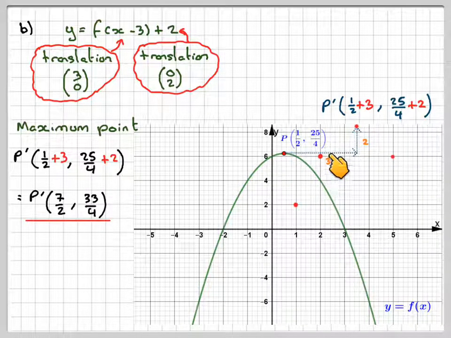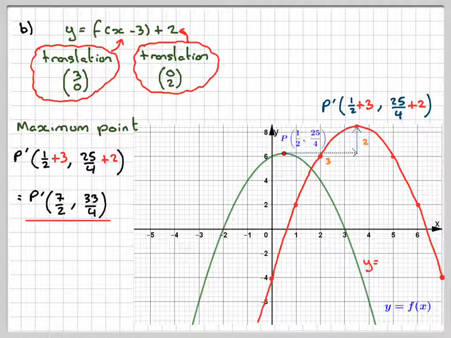And again here, 3 along and 2 up, and then we move some other points, 3 along and 2 up, and then we can get the curve of y is equal to f of x minus 3 plus 2. We just need to make sure that we move each point 3 along and then 2 up. So this is the sketch of that particular transformation. We weren't asked for that, we were just asked for the maximum point.